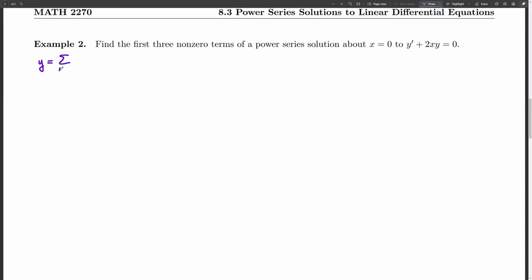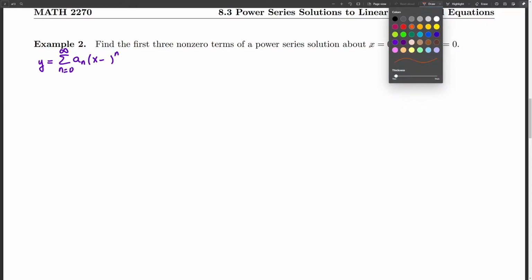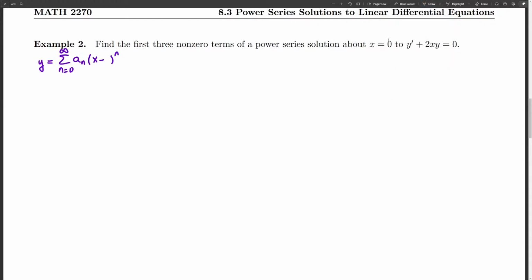It's the sum from n equals 0 to infinity of a sub n times (x minus 0) to the power n. So that's because we have x equals 0 here.